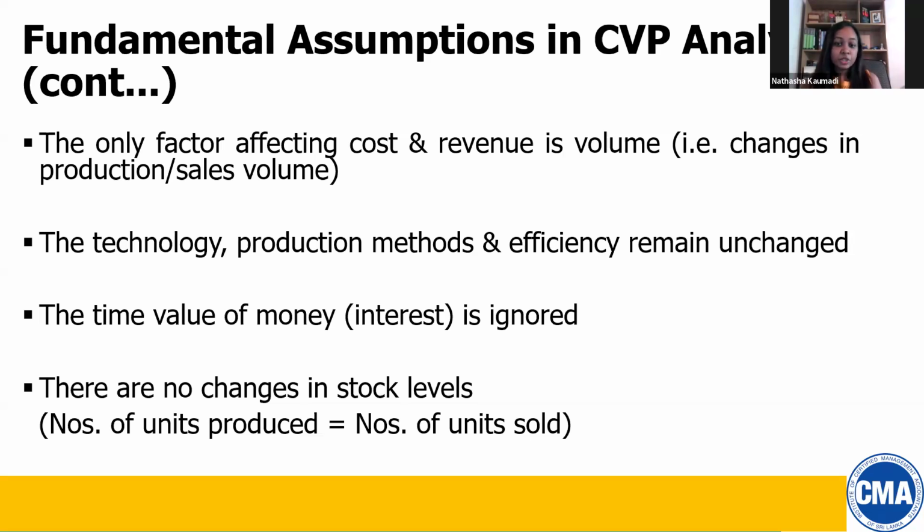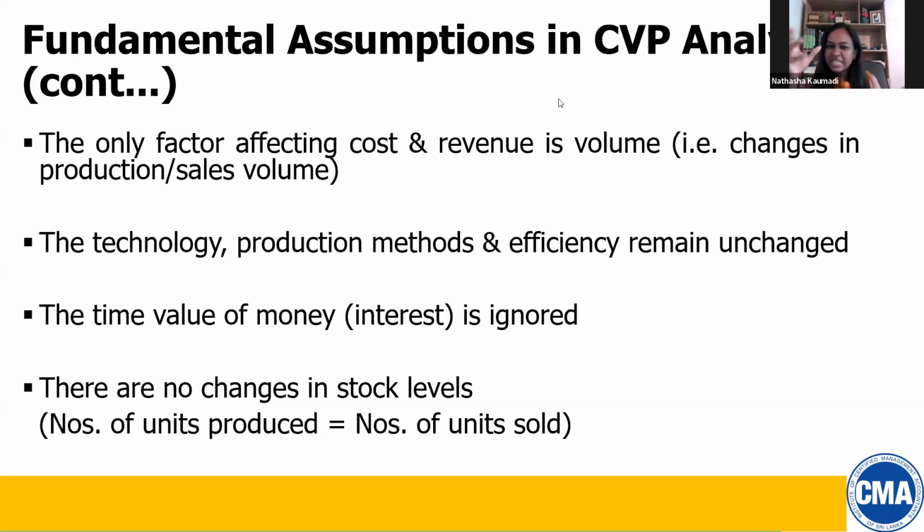Because most of these assumptions are okay or are fine in the short run. Most of these assumptions are true in the short run in many business organizations. And even though there are some changes, in order to get initial decisions, CVP analysis is very important. In order to have a broad understanding about your business, that is simple and understandable.